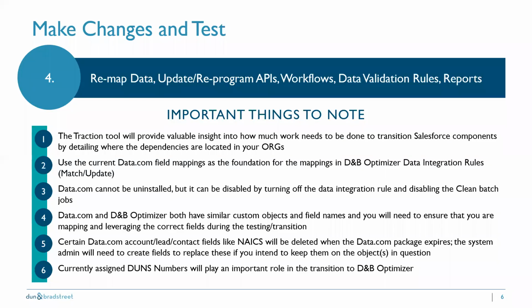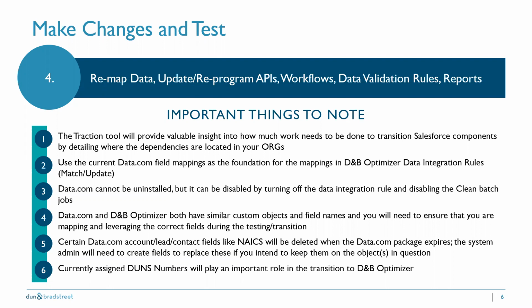Now you've gone through your use cases and you know what your business is looking for. And now you physically have to do the work. You physically have to make this transition from data.com into Optimizer. And so there are some things here I want to share with you that I believe are very important.